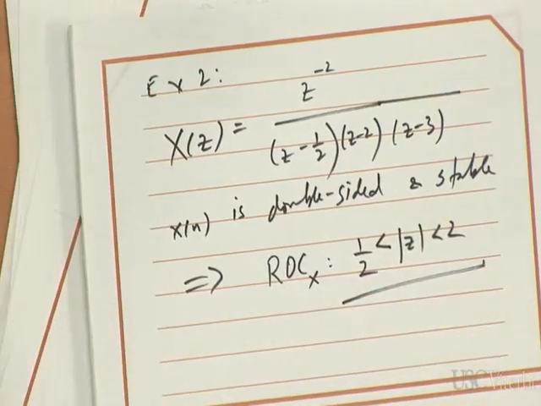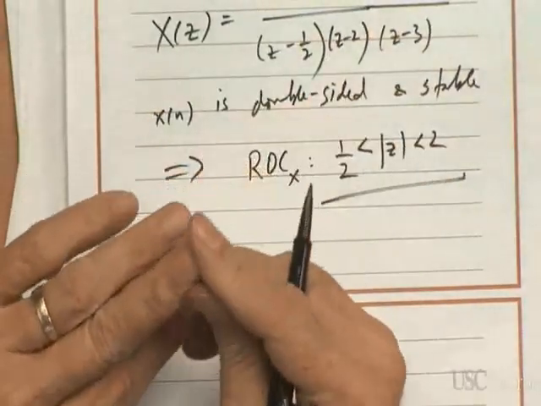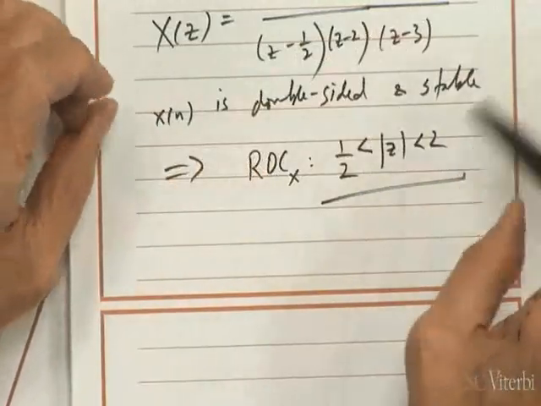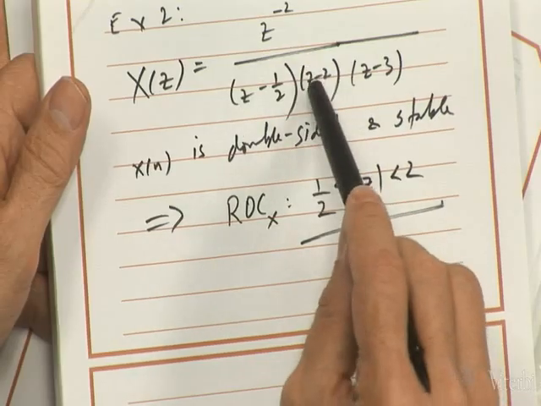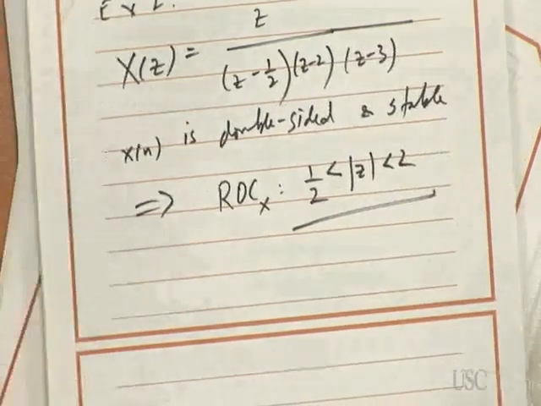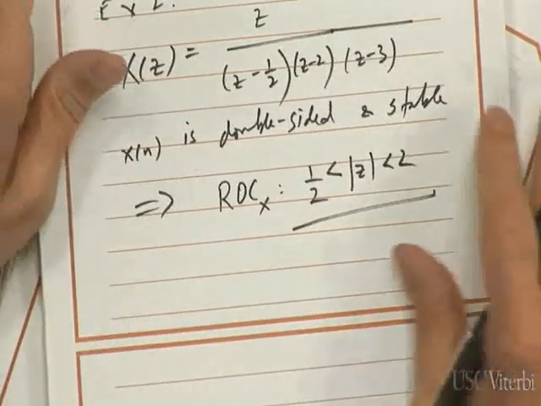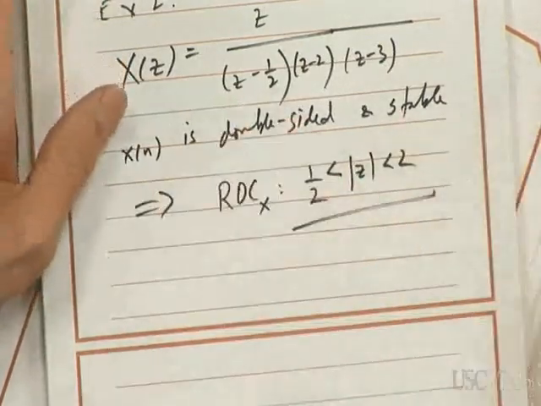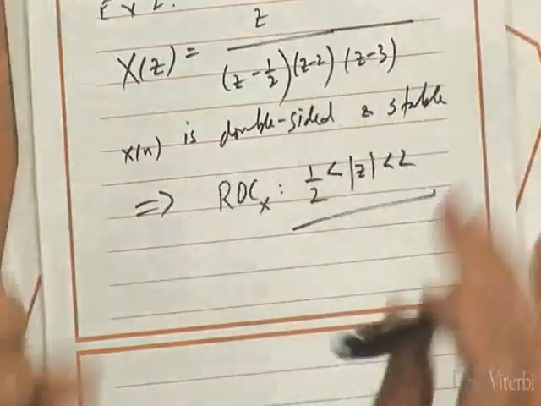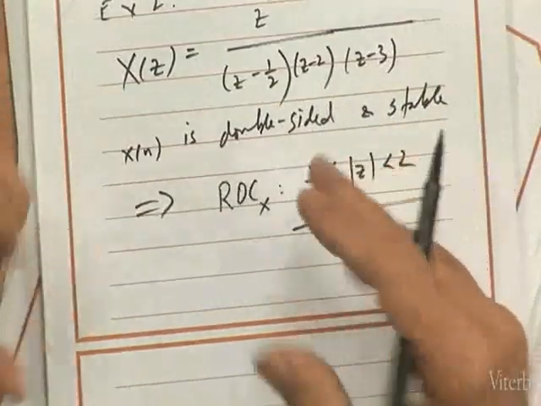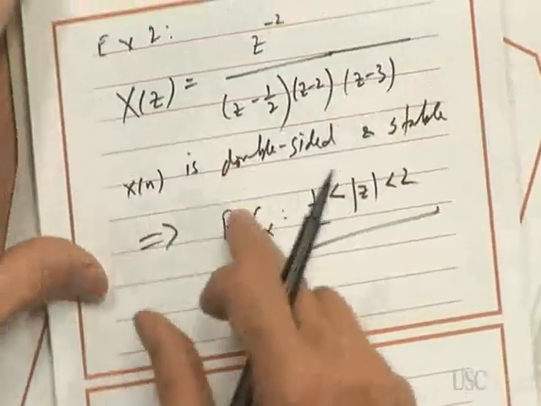See, in this example. If I told you, by the way, in that first example, z minus 2, z minus 3, z minus 4, that x of n was double-sided and stable, then there would be no such inverse transform, because all of those regions of convergence, those rings, did not include the unit circle in the previous example.